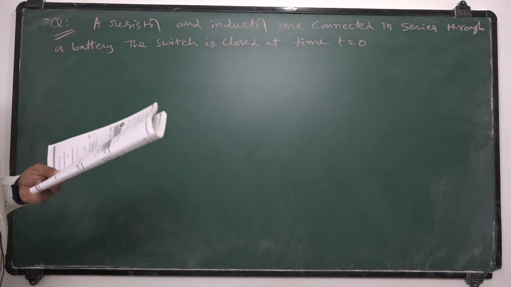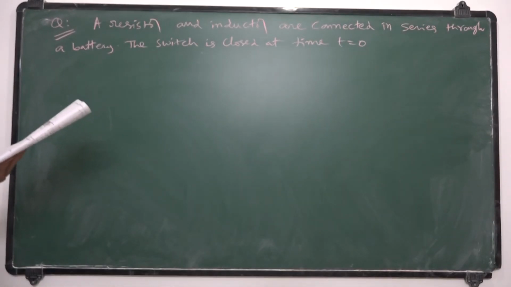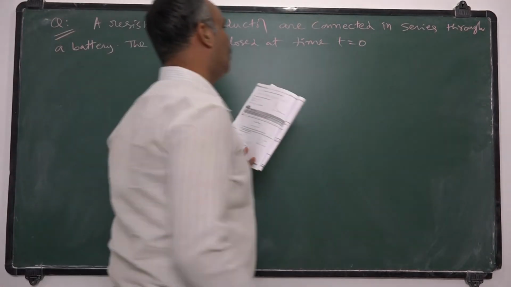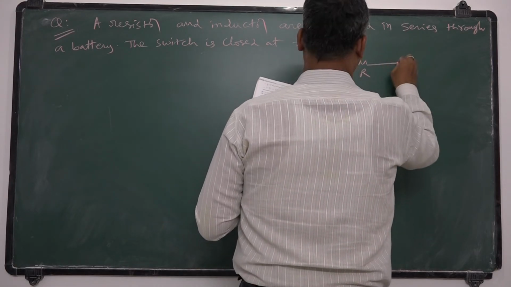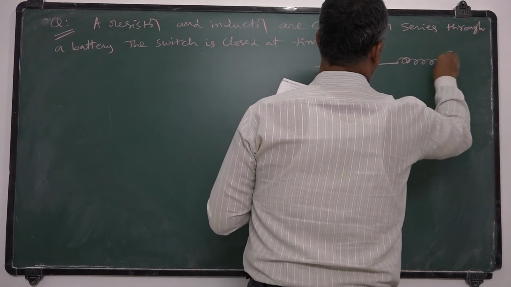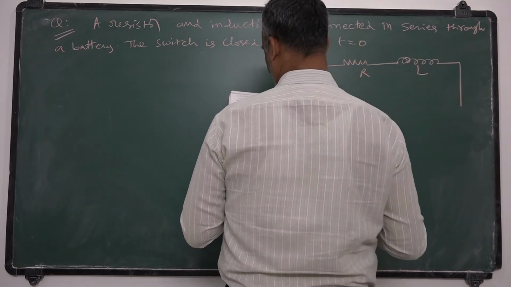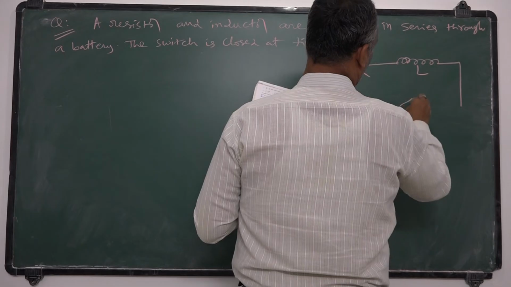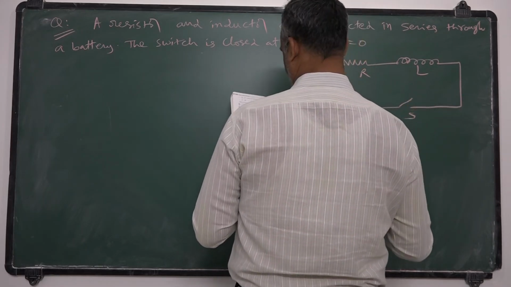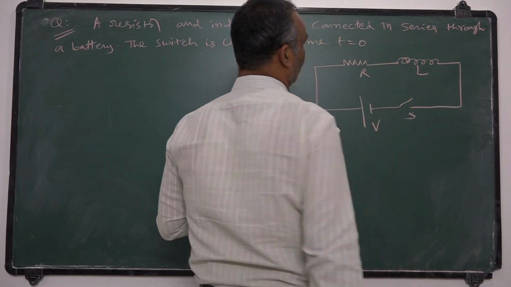The switch is closed at time t is equal to 0. The circuit is shown like this. This is the resistor. This is the inductor. They are connected to a cell and a key like this.